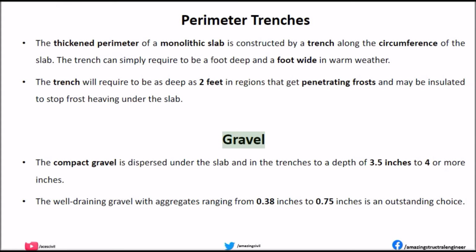Gravel. The compact gravel is spread under the slab and in the trenches to a depth of 3.5 inches to 4 or more inches. Well-draining gravel with aggregates ranging from 0.38 inches to 0.75 inches is an outstanding choice.